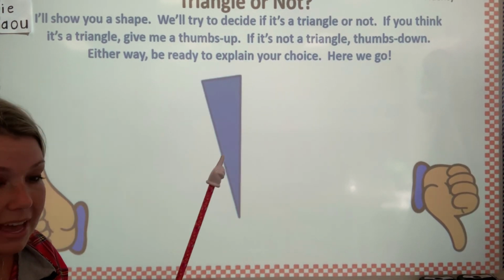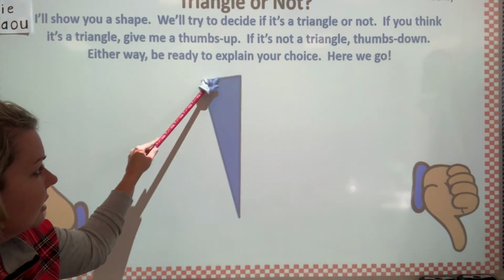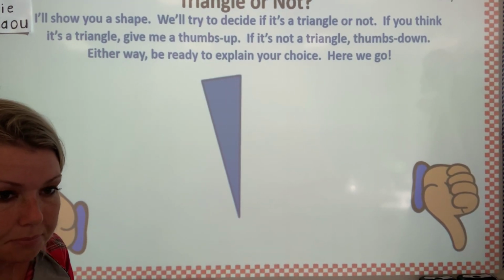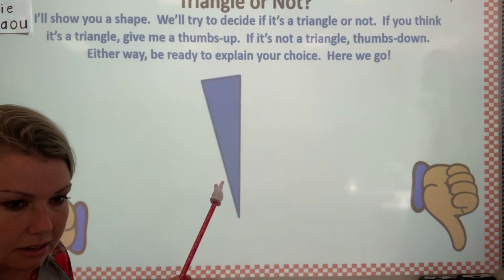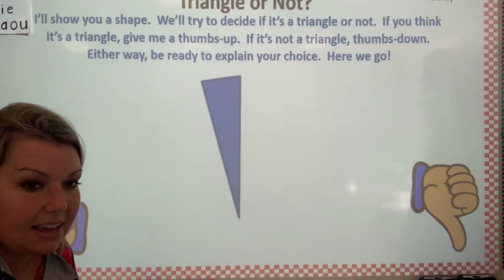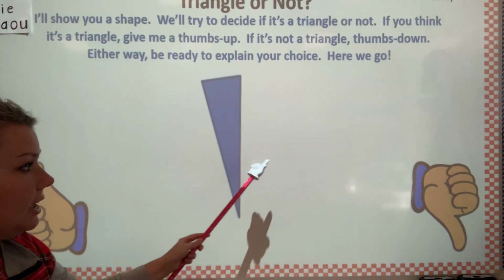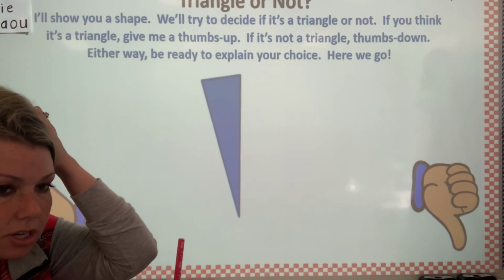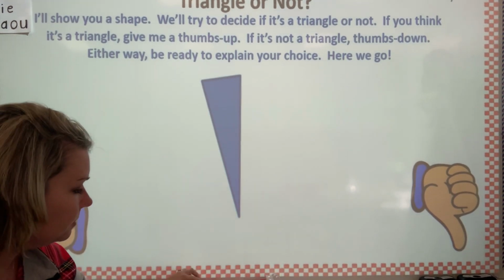Carolyn says it has 3 straight sides and 3 corners, and it's closed. But it's upside down. Is that okay? Yeah, it's okay. A triangle can be upside down or sideways or right side up. As long as it has 3 straight sides, 3 corners, and it's closed, it's a triangle.